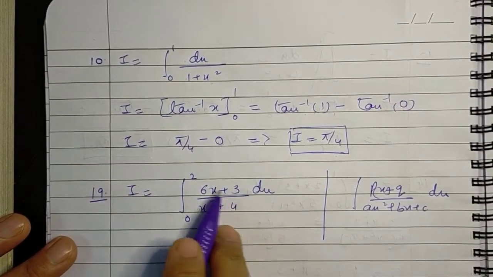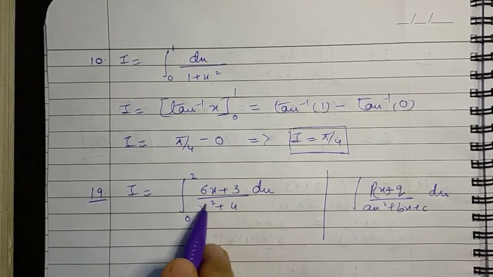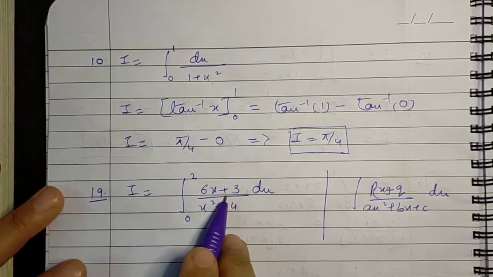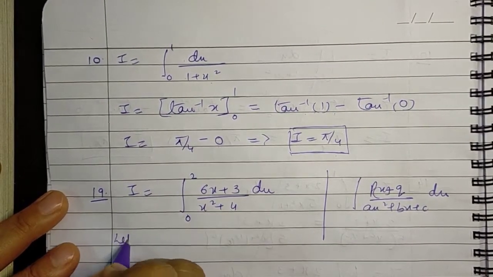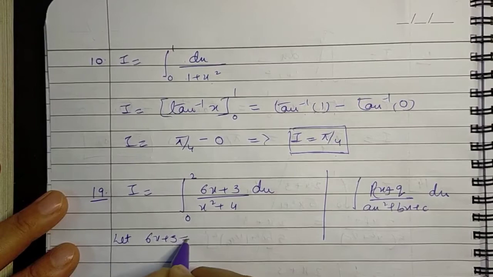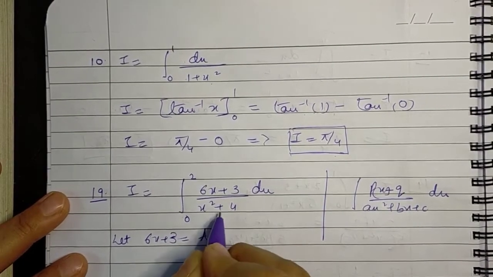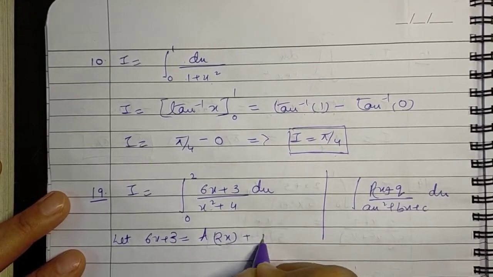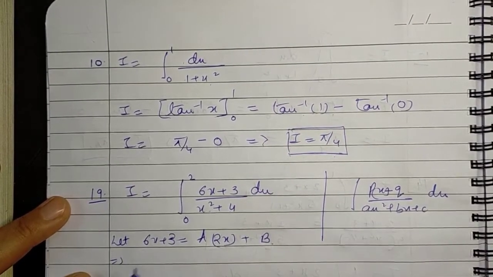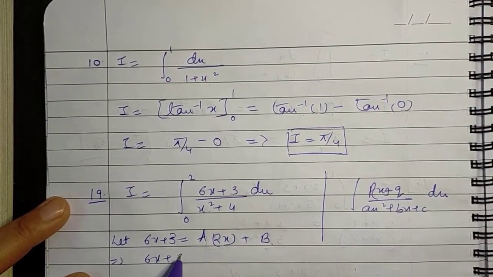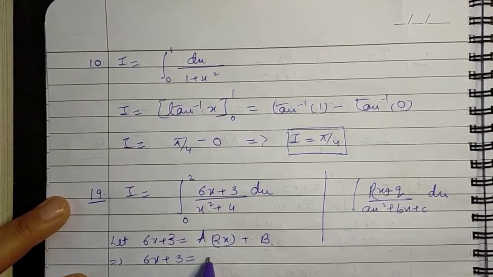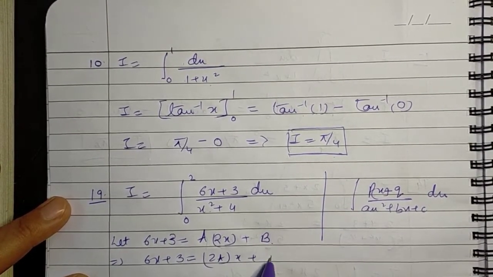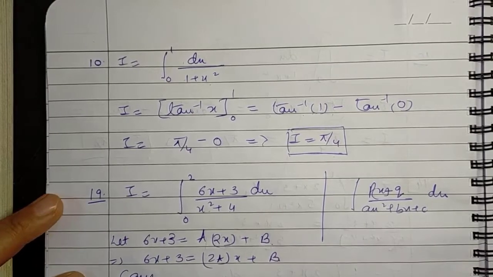So we have to first evaluate the indefinite integral given to us. First we write, let 6x plus 3 equal to a times the derivative of the denominator, which is 2x, plus b. Now it can be written as 6x plus 3 is equal to 2a times x plus b.